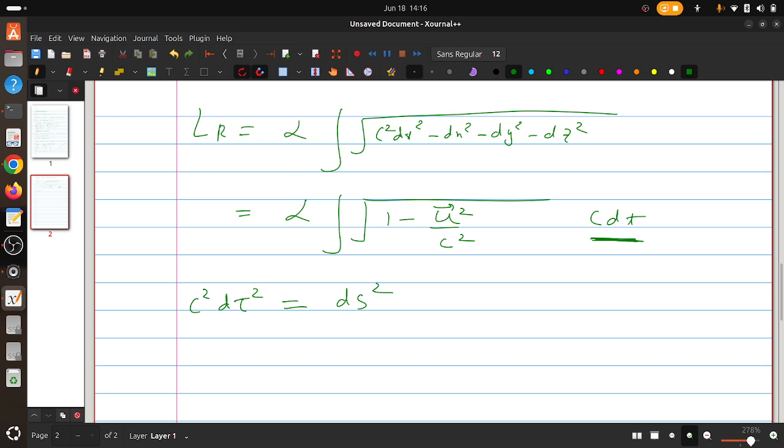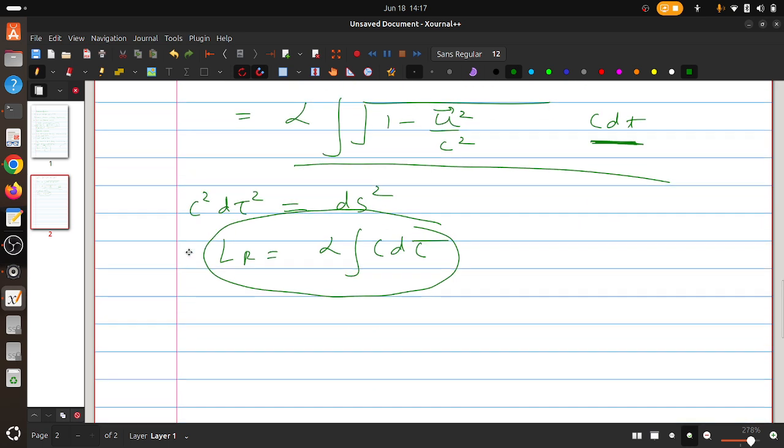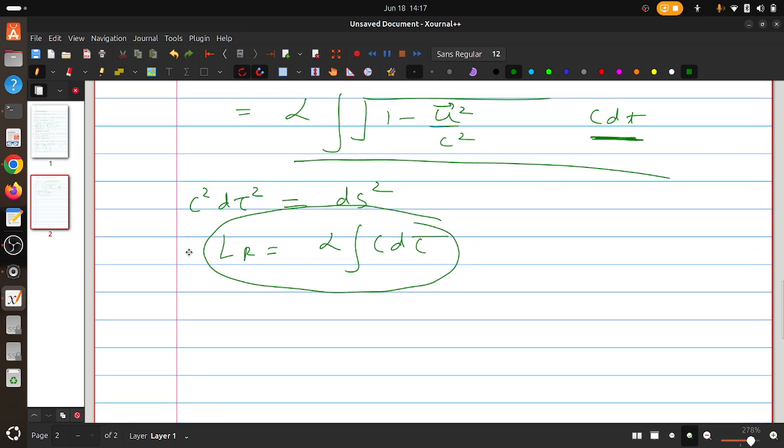So what I was saying is that we can also write it in a very compact form, something like c d tau, right? So either you write this thing here, or you write it like this. It's the same, and if you plug in the expression for c d tau, it would correspond to this thing only, right?